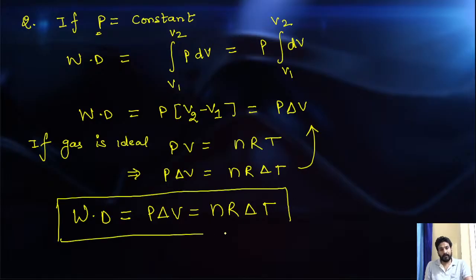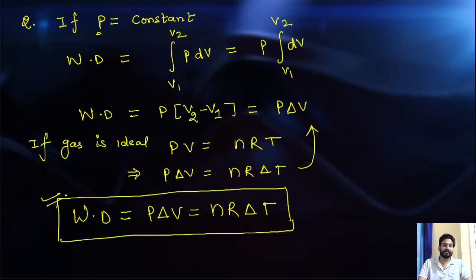It may be possible that they will ask you a question: calculate the work done by the gas if the initial temperature is this, the final temperature is this, and pressure is constant.